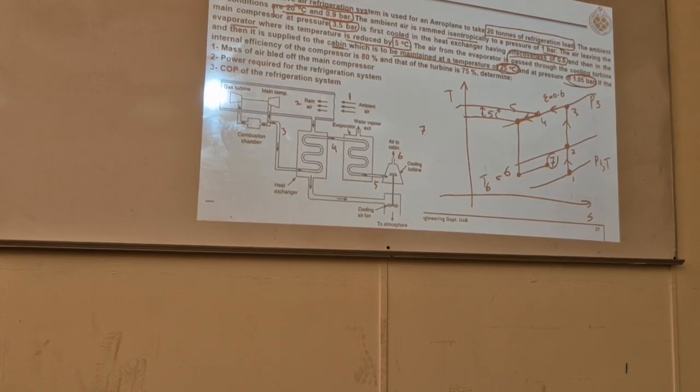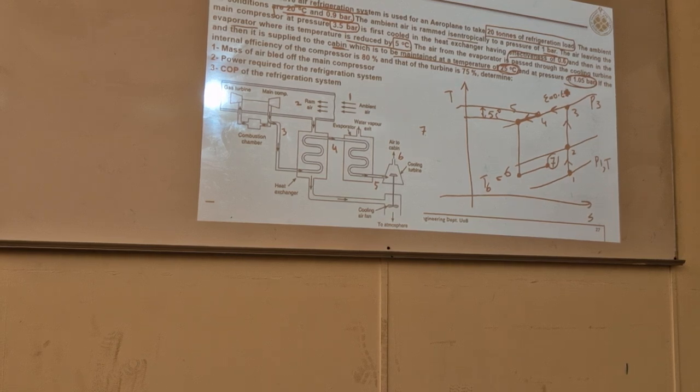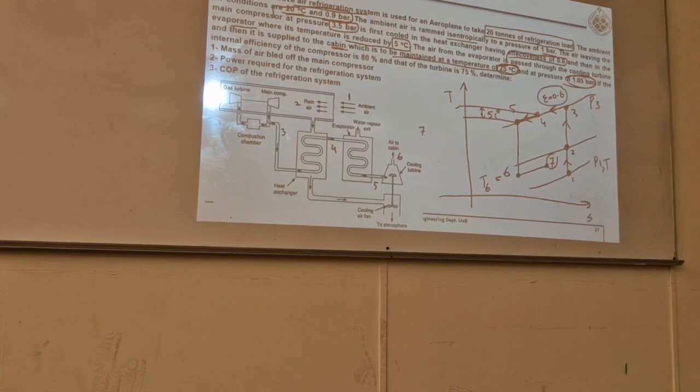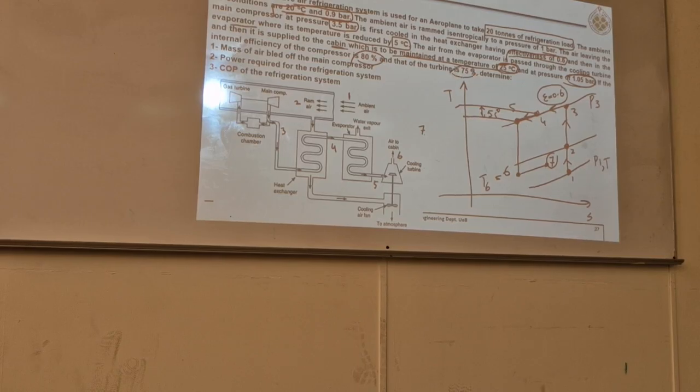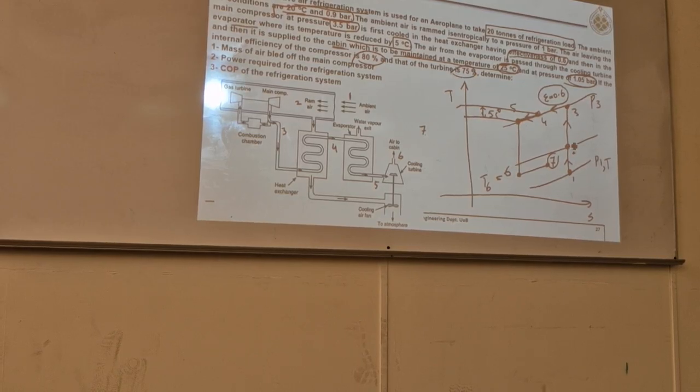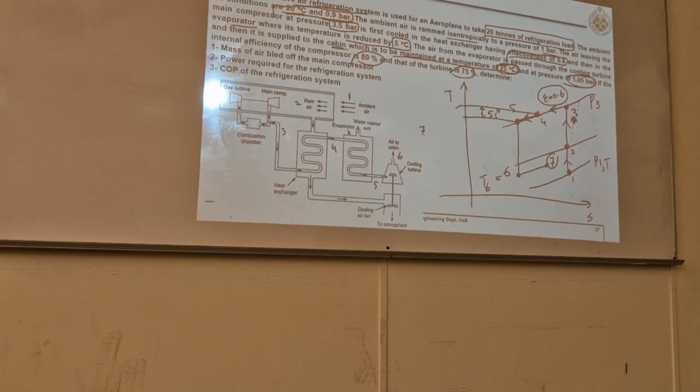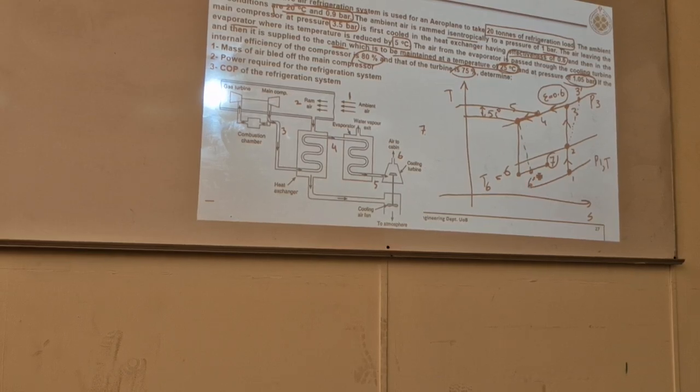Yes, pressure is same. There is no mention that pressure is dropping. In the previous question we saw a pressure drop was given. Here pressure drop is not given. Here what is given is some more things like effectiveness of a heat exchanger, and also the isentropic efficiency of compressor and turbine. So it means dashes will come. This compressor process is not 2 to 3, it is actually 3 dash. Similarly, turbine, it's not 5 to 6, it is 5 dash to 6.